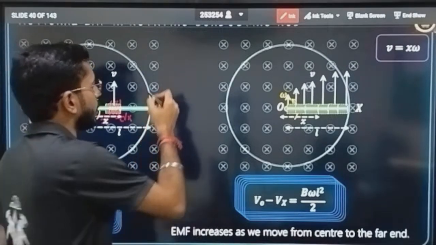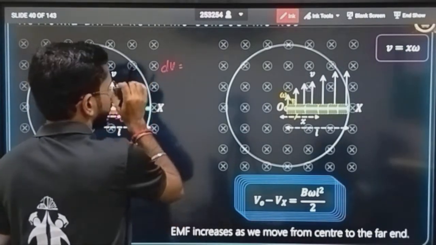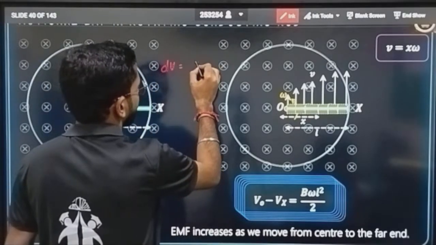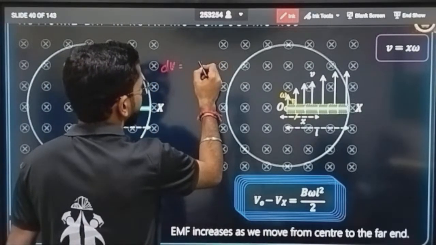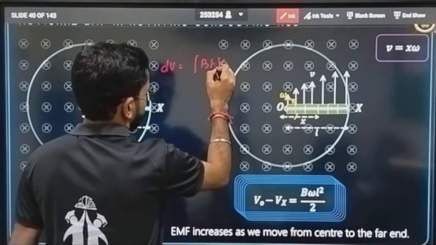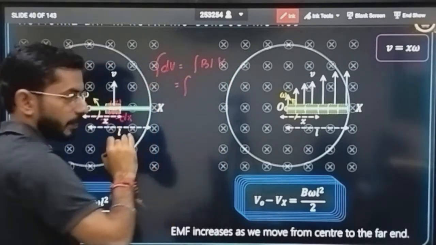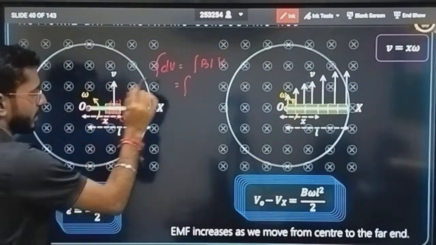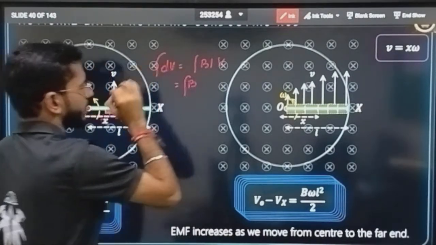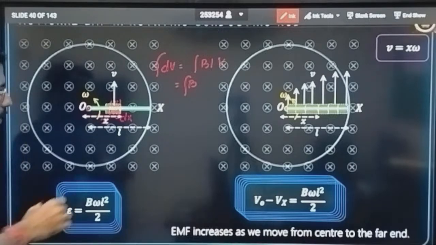What is the result of EMF? Due to the small element that we have taken, the formula is BLV, and you have to integrate it on both sides. The magnetic field is constant, so I will write it as B. Now, what is the velocity?